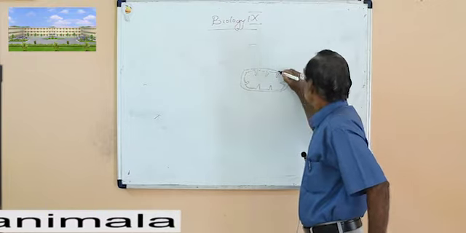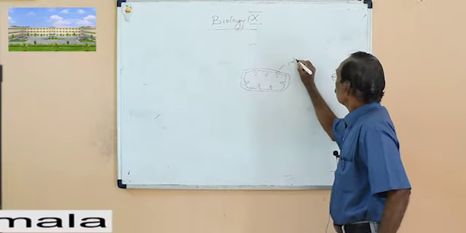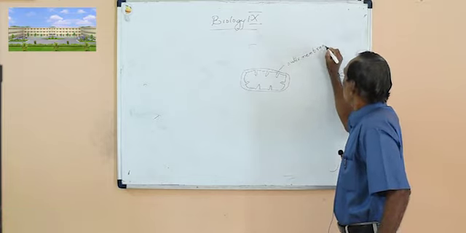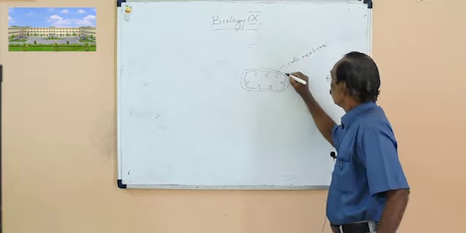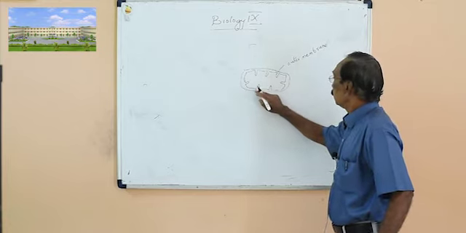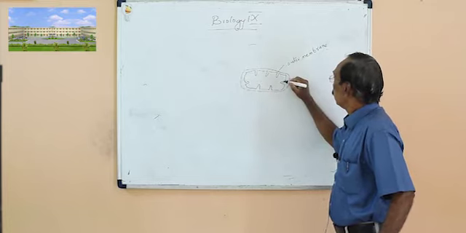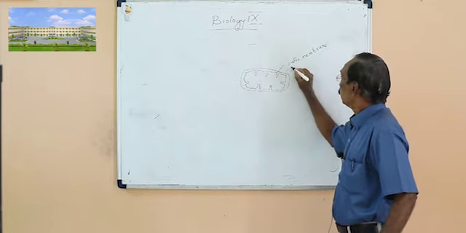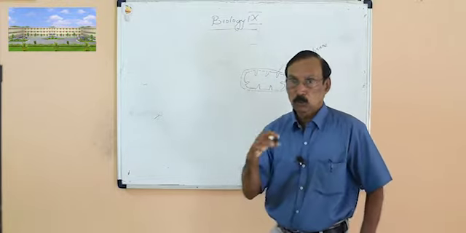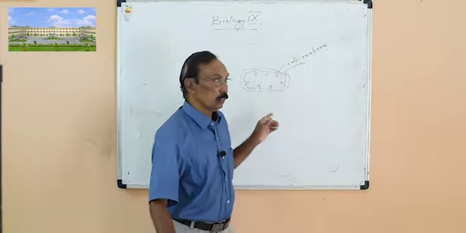This is the outer membrane and inner membrane. The outer membrane has so many small pores, openings, for the exchange of materials. The inner membrane has so many infoldings to increase the surface area.